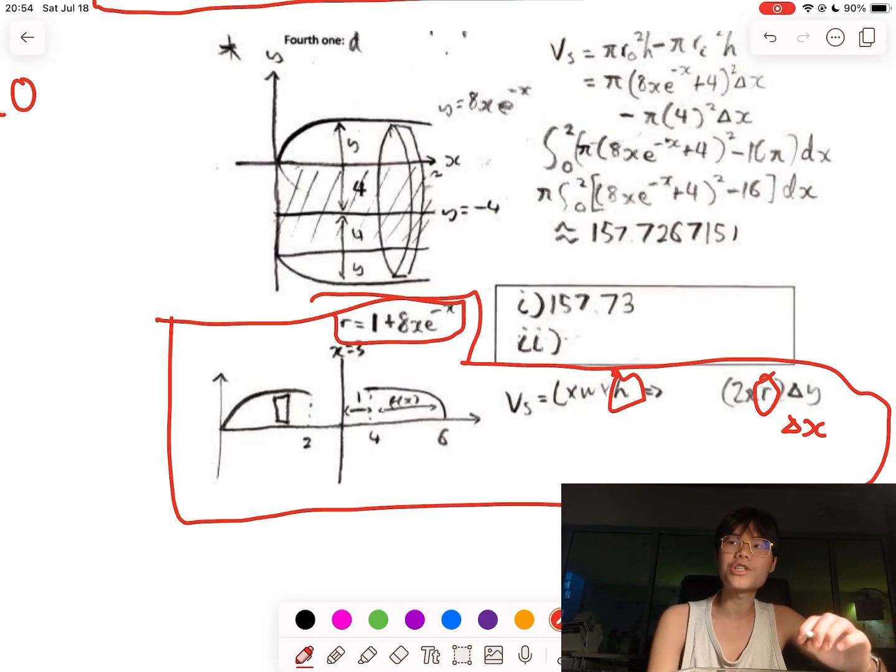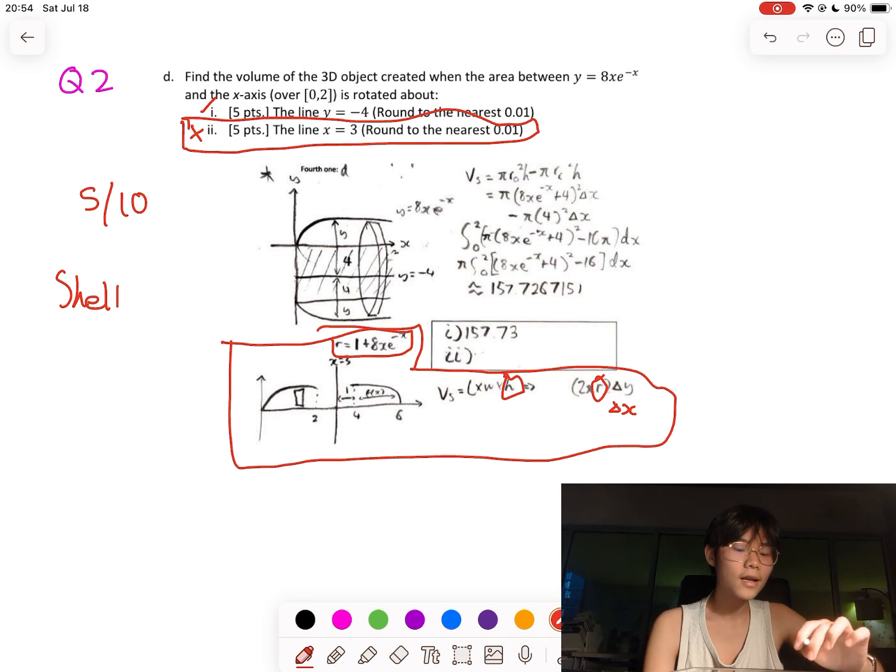So with this question, basically what happened was that I had been pretty confident in disc, washer, and shell methods, but that wasn't good, because I was good at disc and washer method. I was not good at shell, and I had focused more on some other concepts that I was weaker at.